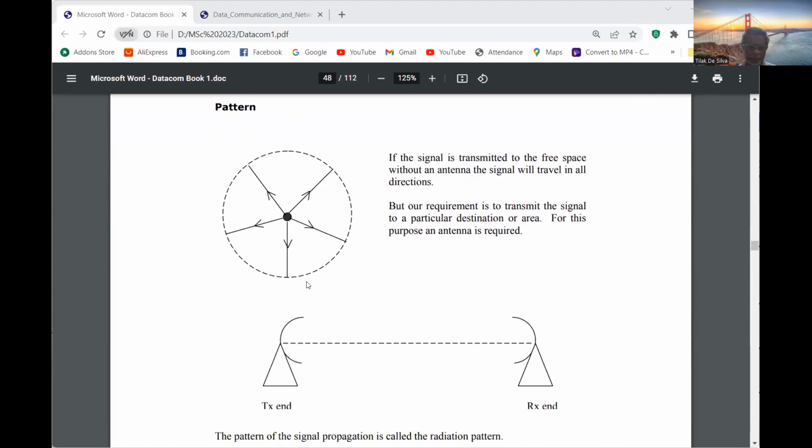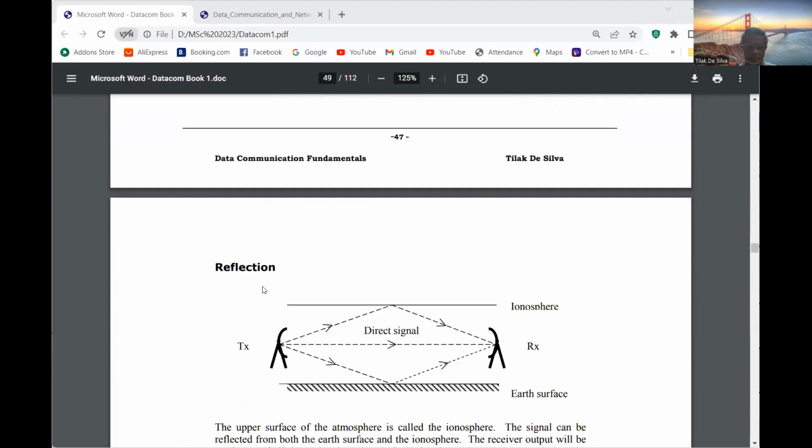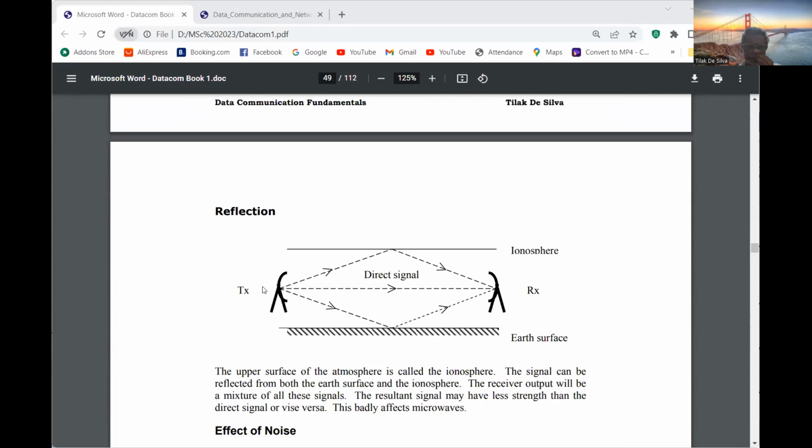So this is the radiation pattern of an antenna. How the signals are going, right? Signals can be reflected from the ground and also the ionosphere in the sky. So the same signal, when you transmit, is coming to the recipient in many different ways.